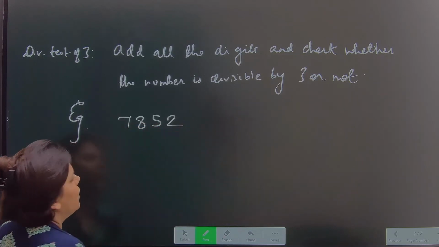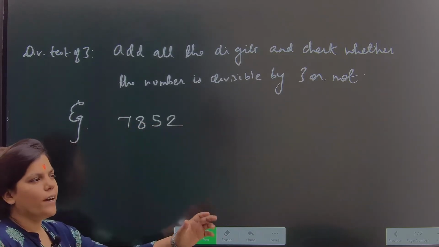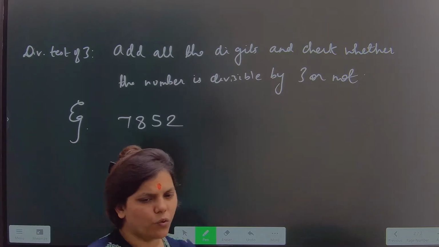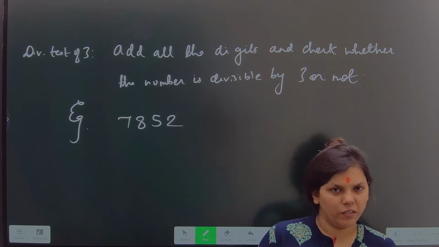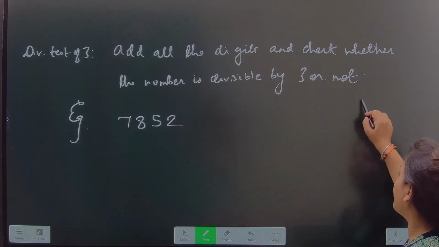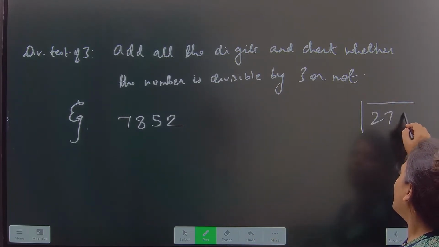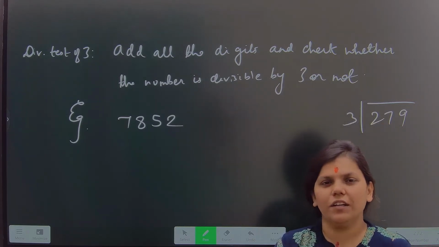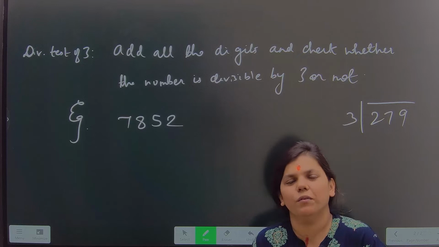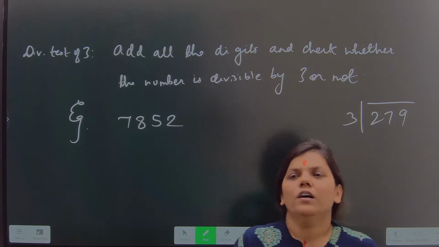7852. Now, if I am given a one digit number, two digit number or a three digit number, I can divide it by 3, okay, by the method of division. But when it comes to more than 3 digits, if I am given a 4 digit number, 5 digit number, so what will I do?